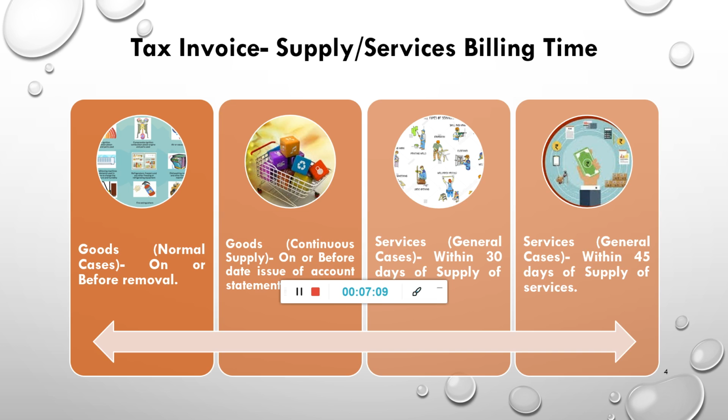So in case of services which take place as a general category, one has to issue a service bill within 30 days of supply of services, and in case of services provided by banks and NBFCs, the time frame is 45 days.